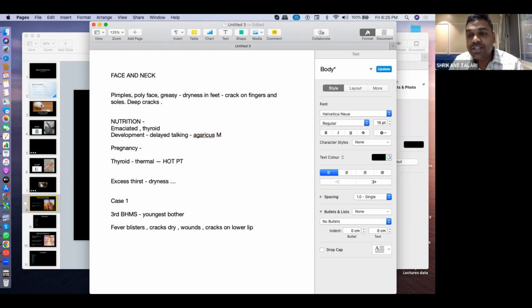If one excretion is affected, other excretions can also be affected, like sweating. All fluid retention is important. Excretions like urine, sweating. Either there will be excessive sweating or scanty sweating, excessive urination or retention of urine with edema.